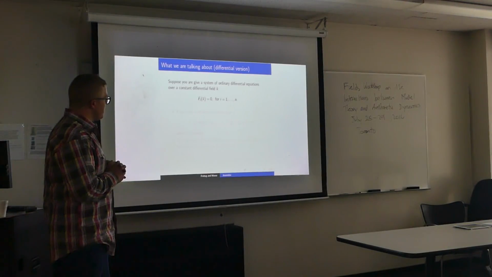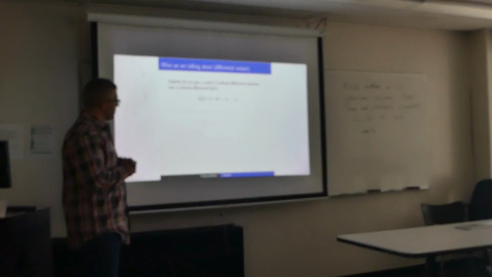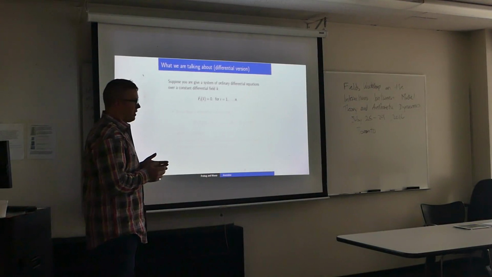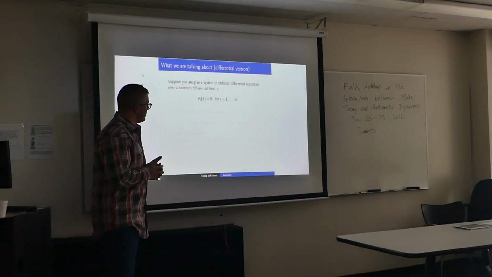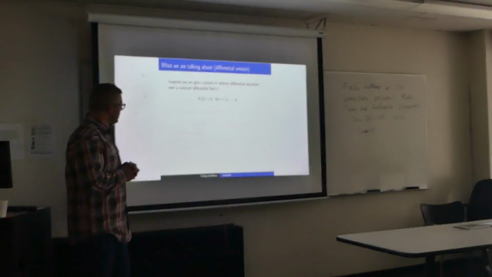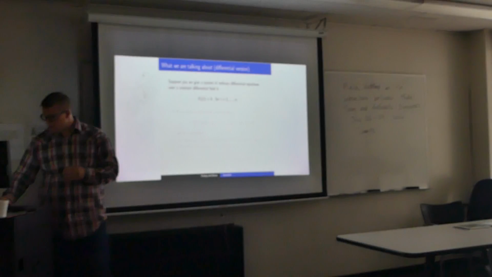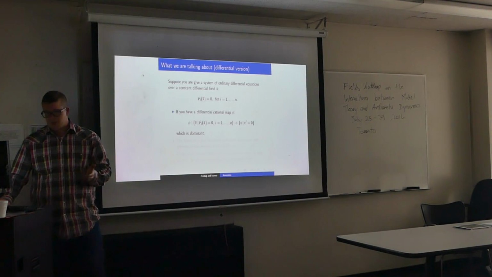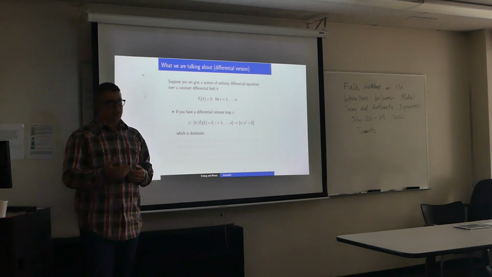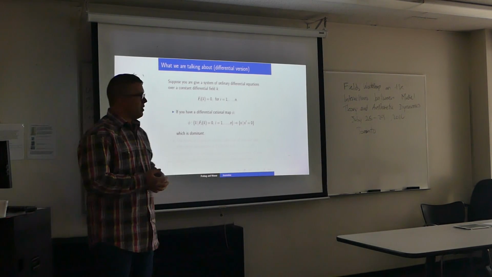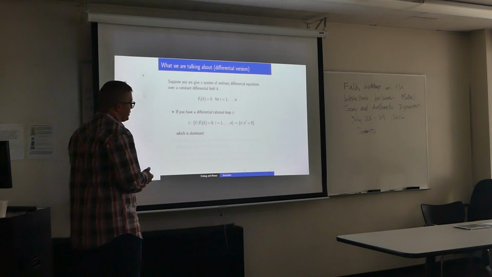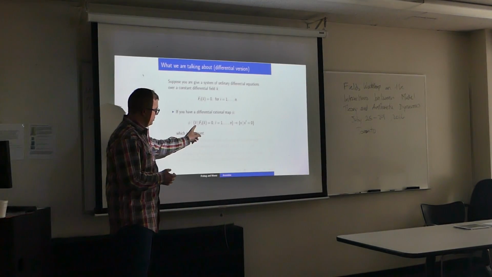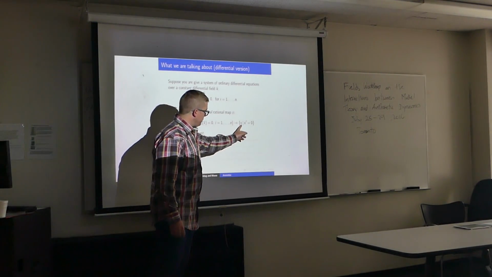So we have a system of ordinary differential equations, some number of equations and some number of variables. It doesn't matter how many either are. And it could be the case that from the solution set to our system of differential equations, we have a differential rational map, which I call phi, which takes our solutions to the field of constants.